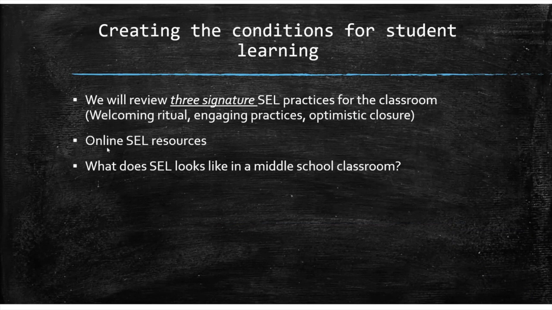And then I will share some online SEL resources where you can access lesson planning guides and free resources so you can plan some of the stuff that you can include in the classroom. And then we're also going to look at what it looks like to incorporate SEL in the classroom.